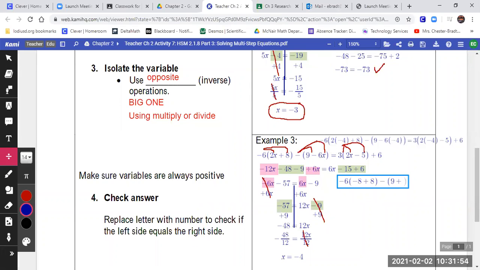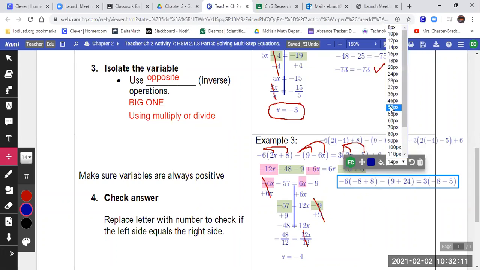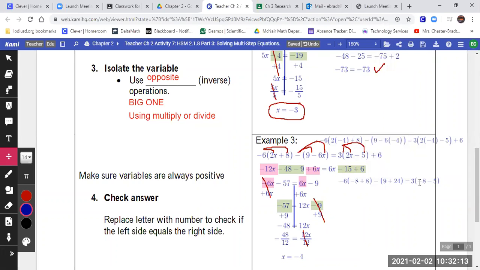Positive 6 times 4, 24. And it equals 3 times. There's another negative 8 because the 2 times negative 4 did not change, right? And I had the minus 5, and I'm adding 6 after.